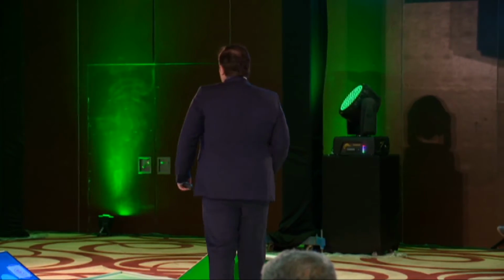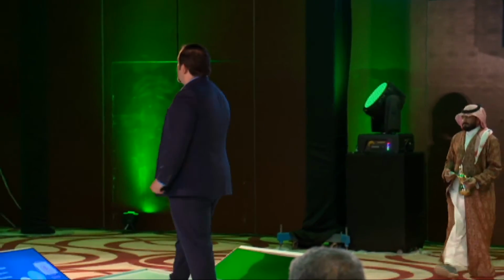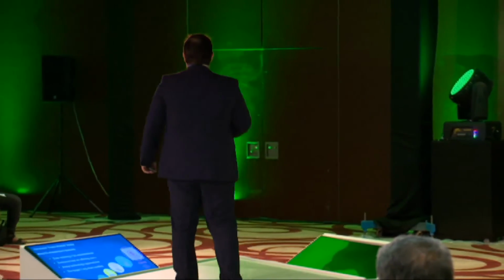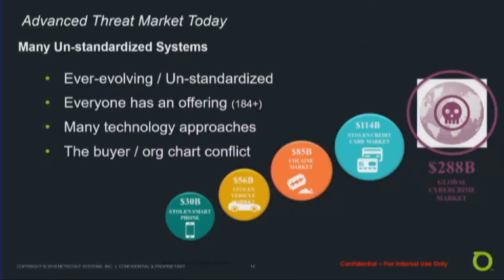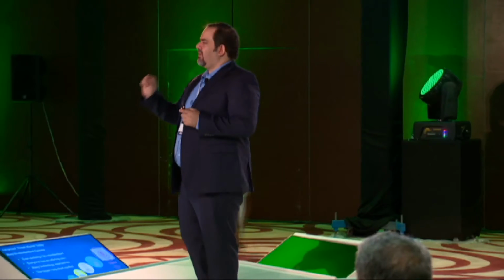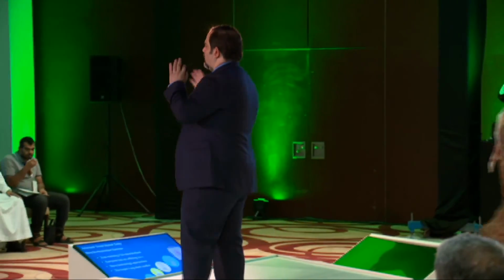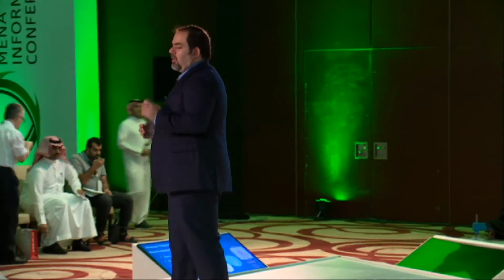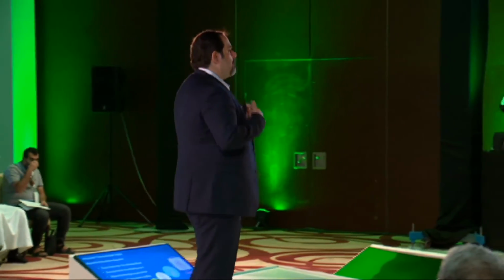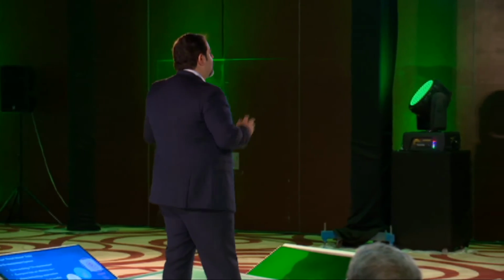The advanced threat market today is a really unstandardized system. You hear about a lot of solutions out of standard. They are evolving. You hear about solutions covering a small piece of risk. You see about 184 plus offerings in the market right now. Many technology approaches under a lot of marketing trends.